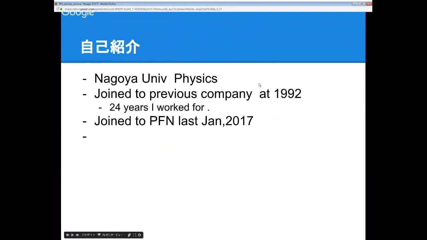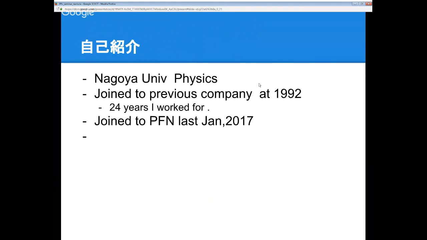I graduated from Nagoya University, applied physics, and I joined the previous company in 1992, and I worked there for 24 years, almost a quarter century.